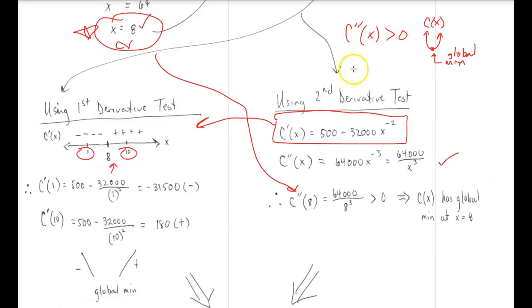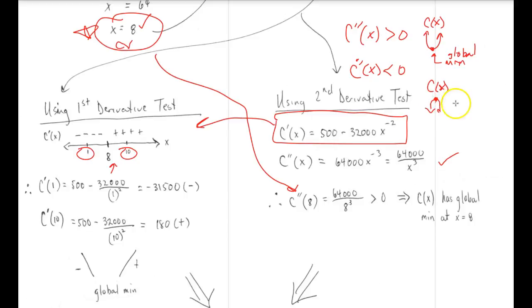Okay, and just the opposite, if we see that the second derivative is negative, then we know that the cost function looked like this.